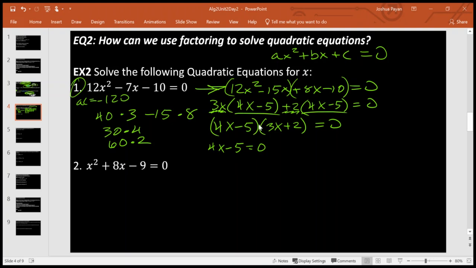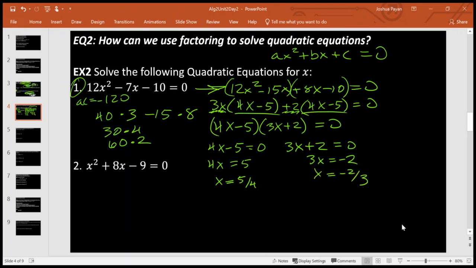Because whatever makes this be 0 makes the whole thing be 0. And likewise for this other factor, 3x plus 2, set that equal to 0. Solve them both. So here on the left, I'm going to go ahead and add 5 to both sides. Divide by 4. And I've got one of my answers. Over here, subtract 2. Divide by 3.